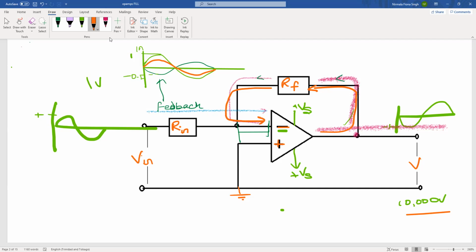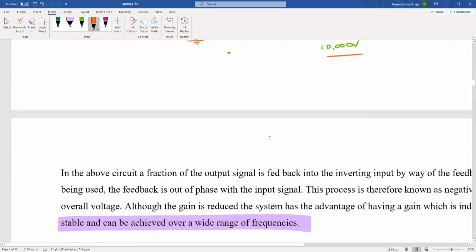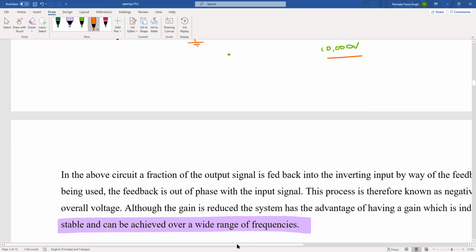Now I'm going to think, why on earth would I want to reduce my signal that's going to get amplified? That makes no sense whatsoever. Let's see why we actually need this to happen.